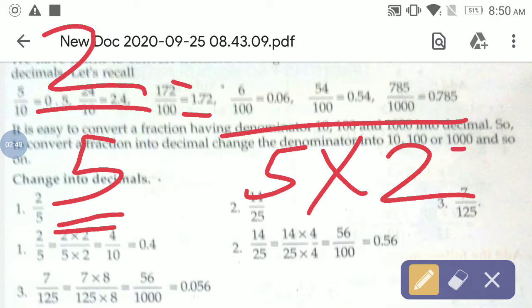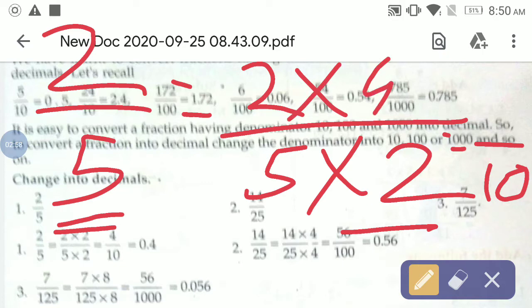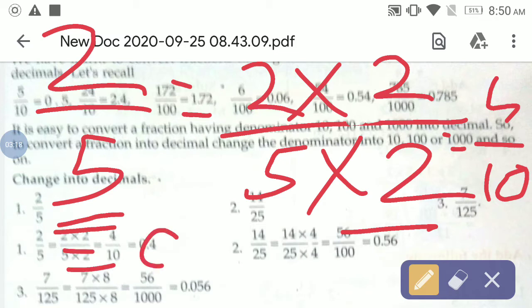So now as we are multiplying the denominator by 2, we have to multiply the numerator also by 2, and then you will get 4 by 10. Now it's very easy. We have seen that 4 by 10 will be equal to 0.4.